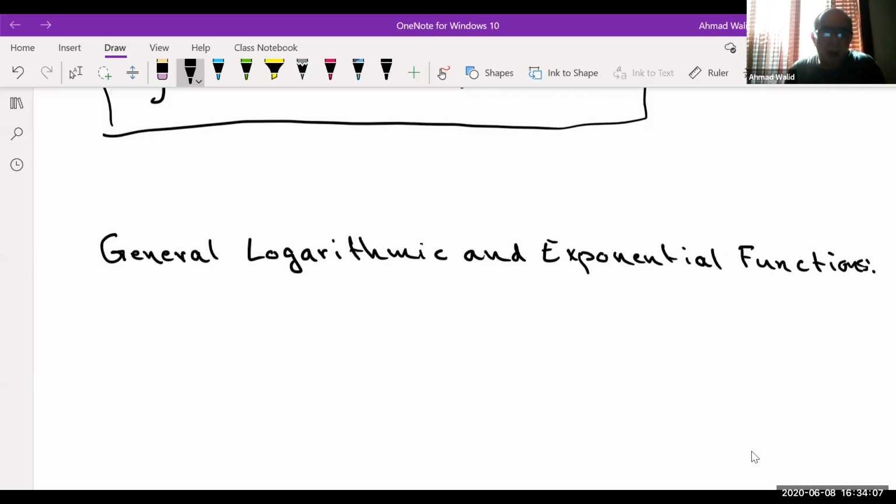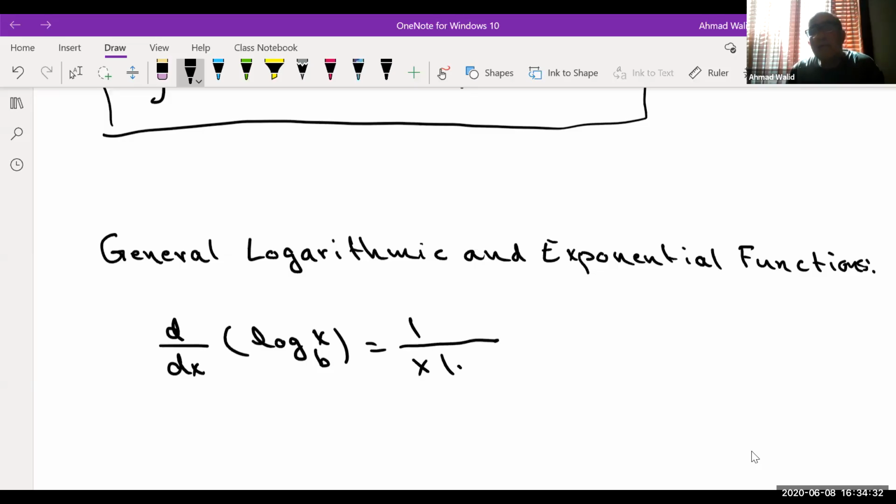Here I give you again a few formulas. What is the derivative, or d dx, of log of x base b? What is the derivative of log x base b? The derivative of log x base b is 1 over x ln b.